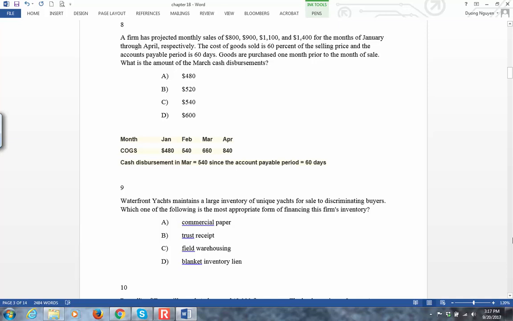So in March you have cost of goods sold, which is equal to 60% of the selling price.